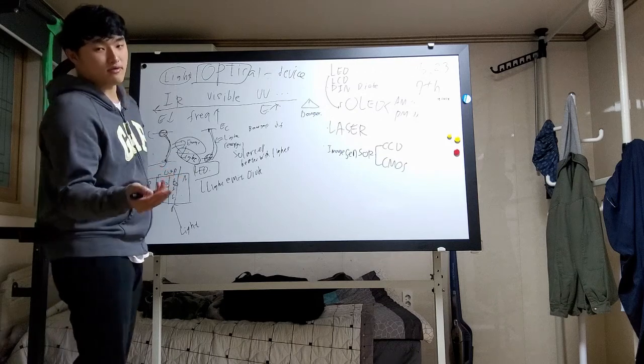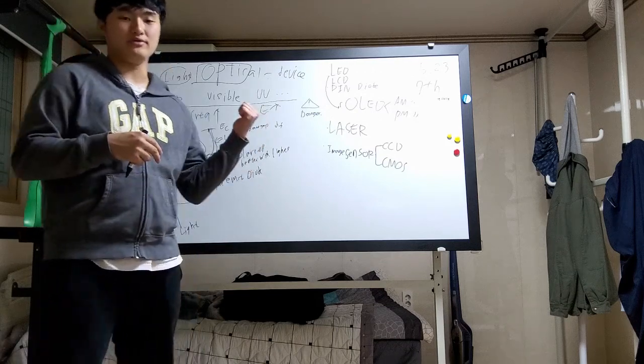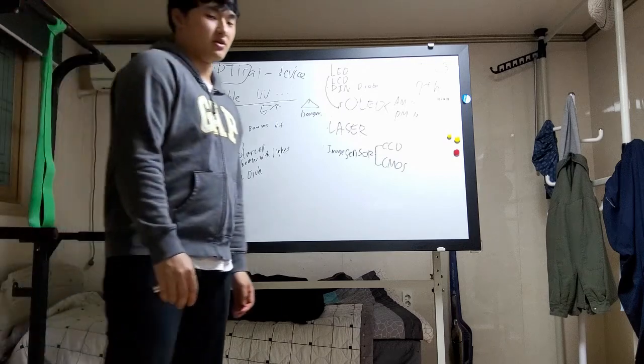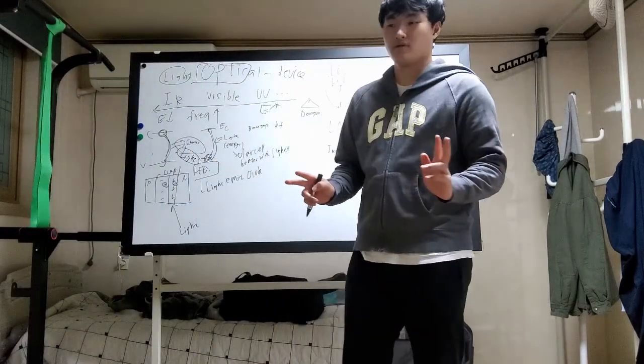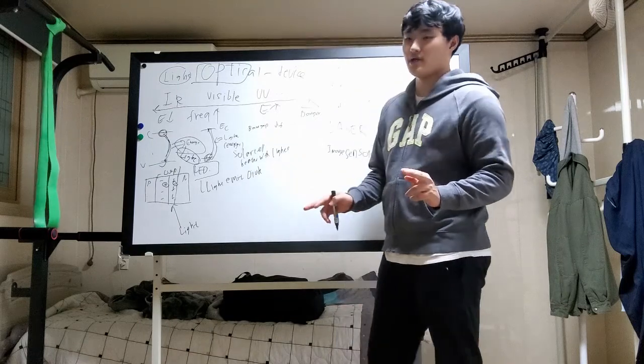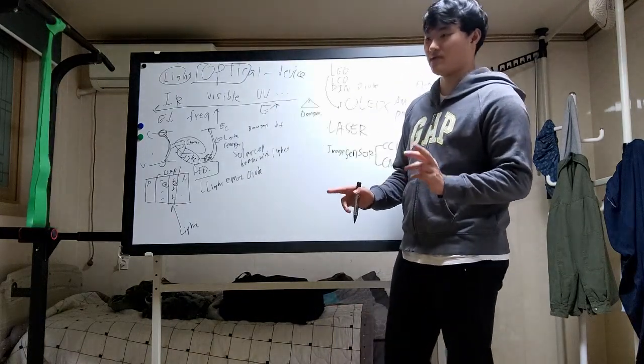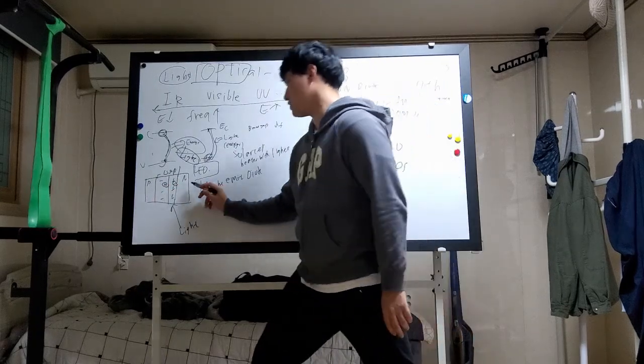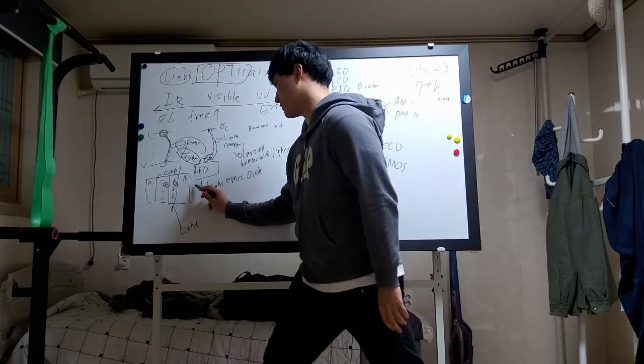But for us, we need to use these carriers as an energy source. So if generation happens, we need to separate them to the other sides as fast as possible. So we apply a reverse bias.